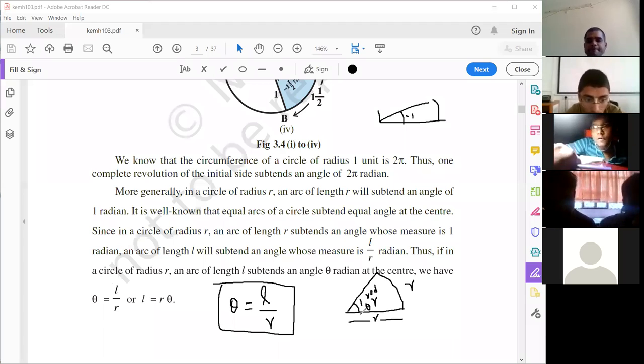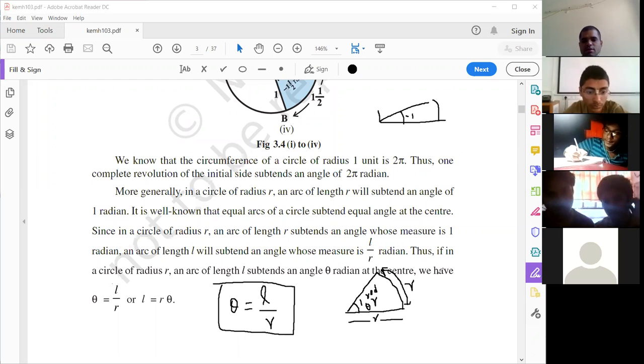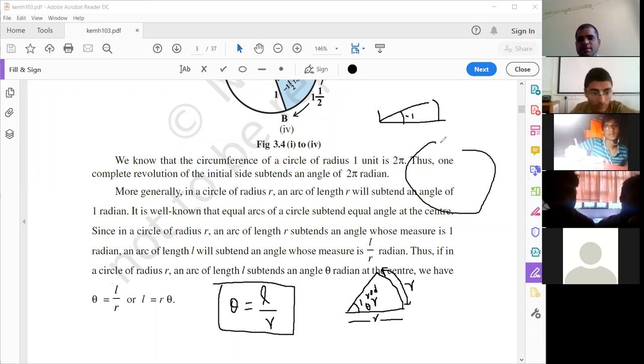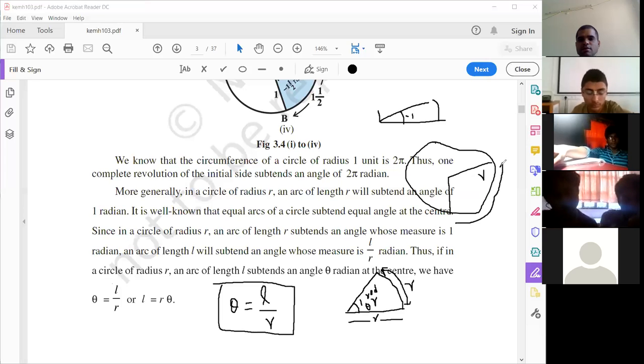What is the length of arc? This will be the length of arc. So how would we calculate the length of arc? This is valid for any general circle. मान लो तुमने कोई भी सर्किल ले लिया जिसका रेडियस r है, ठीक है? और हमने एक ये आर्क ले लिया है यहाँ से यहाँ तक, okay?